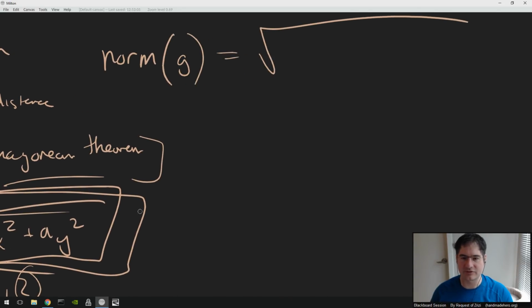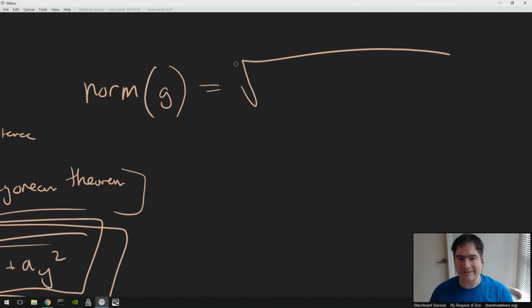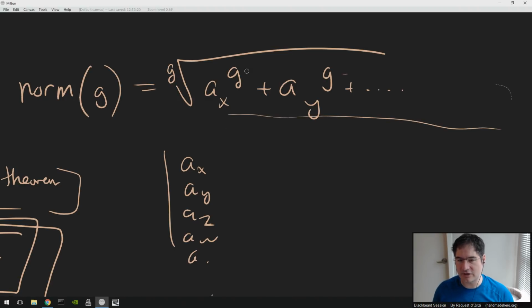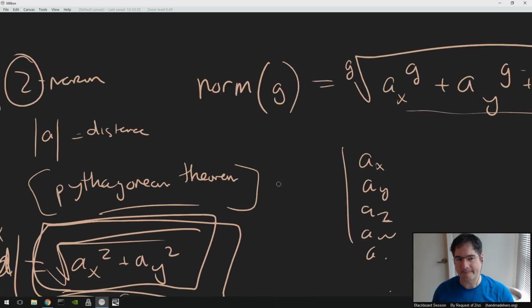If I have two-dimensional, it's 2. It's equal to the gth root of each of those raised to the g power. And this goes on for however many terms of vector you have. If I have ax, ay, az, aw, and so on, these would all appear here to the g power, summed, g rooted, okay?